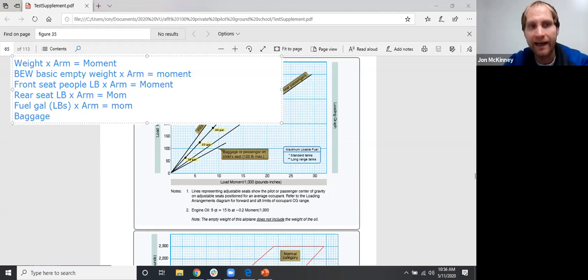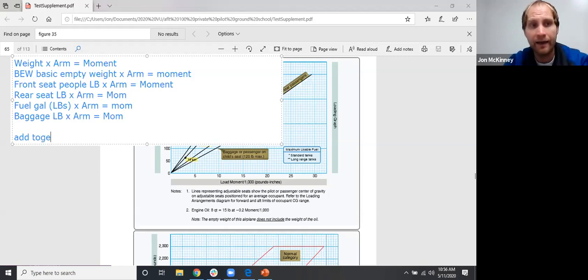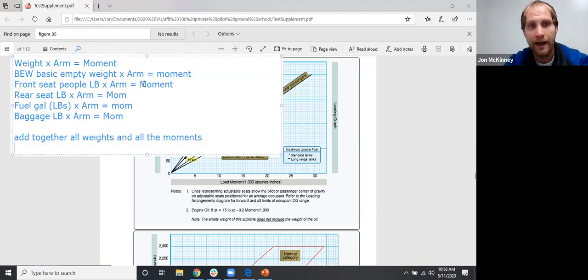So whatever baggage pounds times the arm location for that particular example equals the moment. And then at that point, you can add together all the weights and all the moments. The total moment divided by the total weight will equal our CG location.